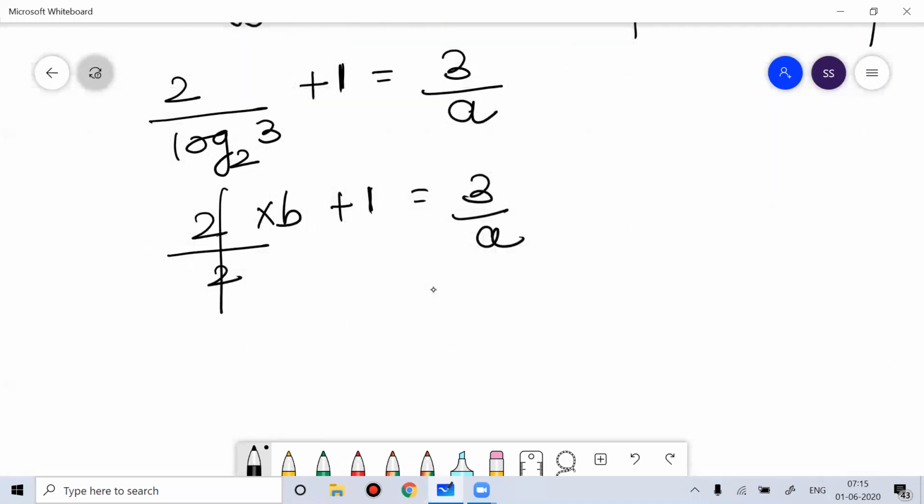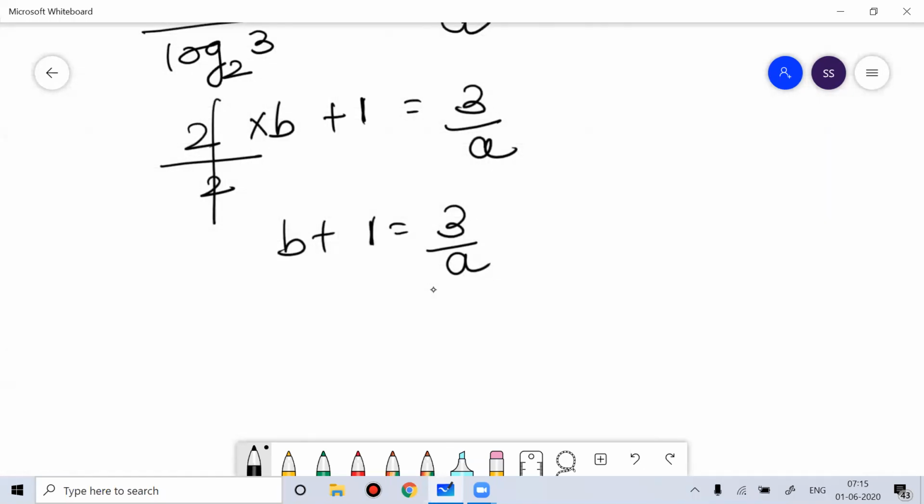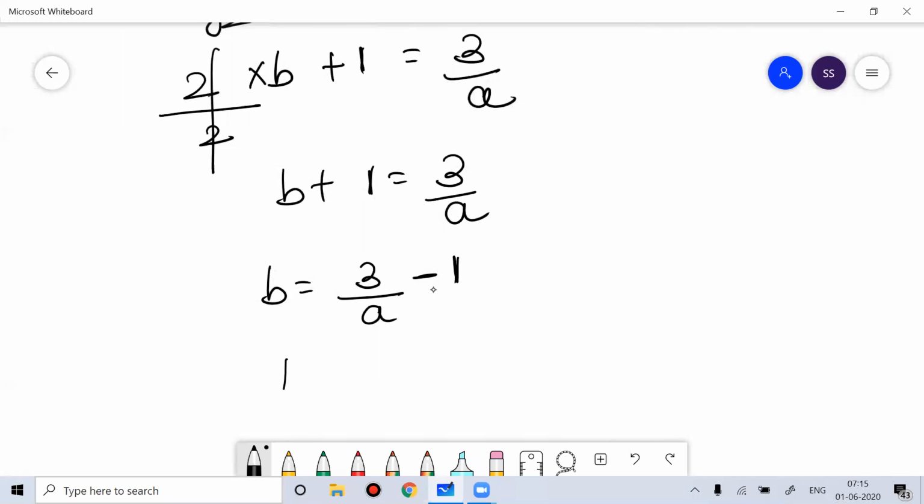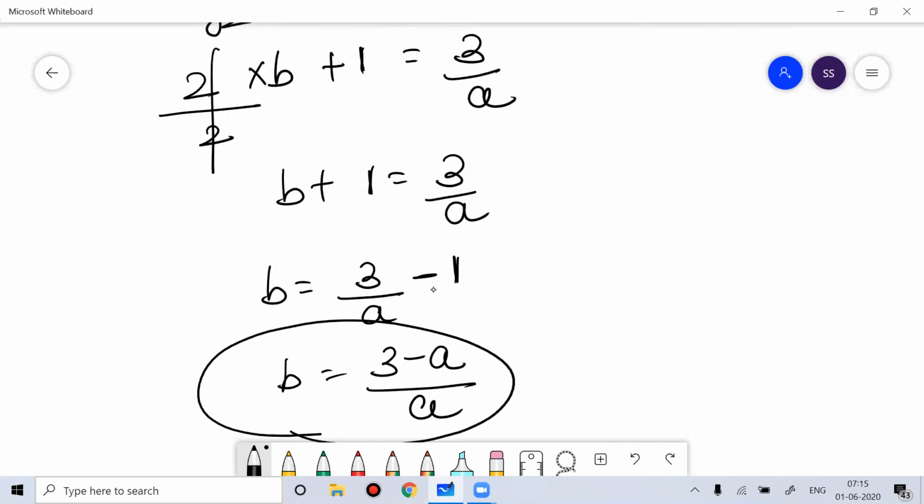So I can write b plus 1 is equal to 3 by a. So I can find the relation between b and a. b is equal to 3 by a minus 1. So the value of b I got is 3 minus a by a. So this is the relation of b and a I got.